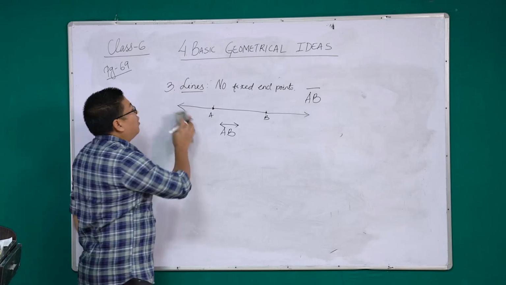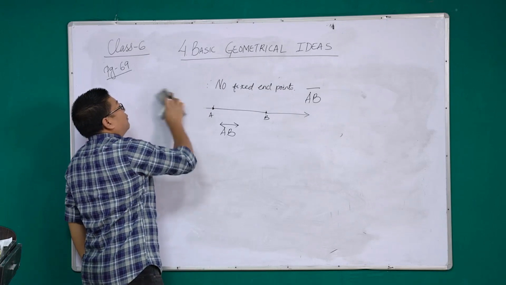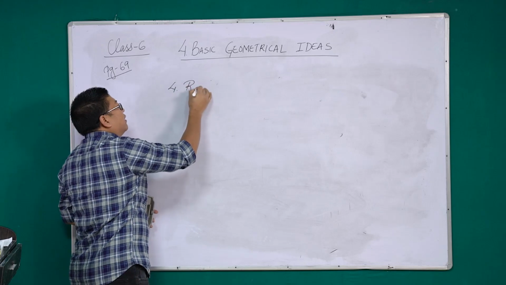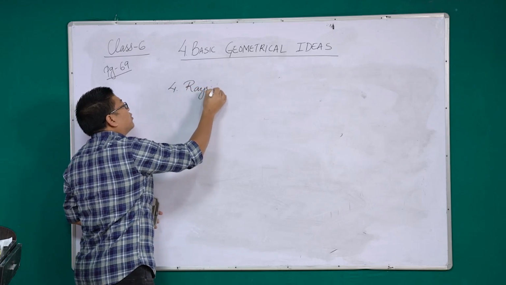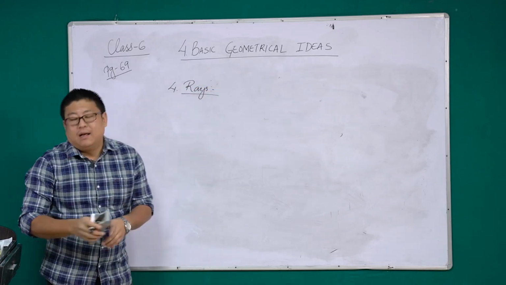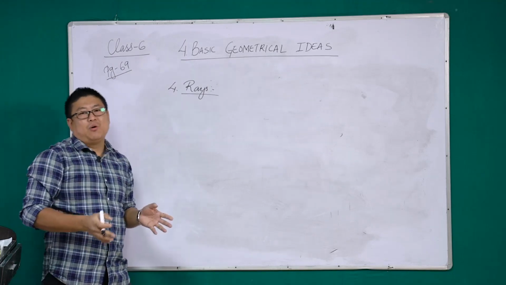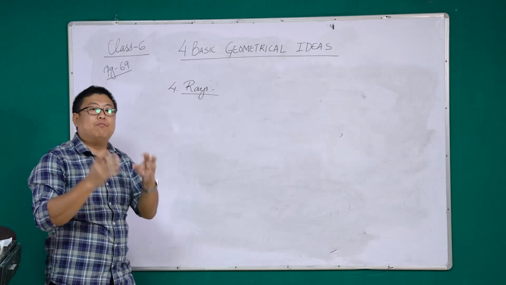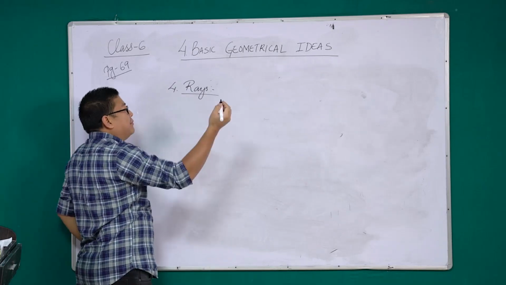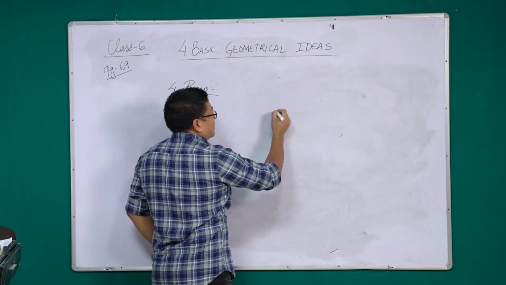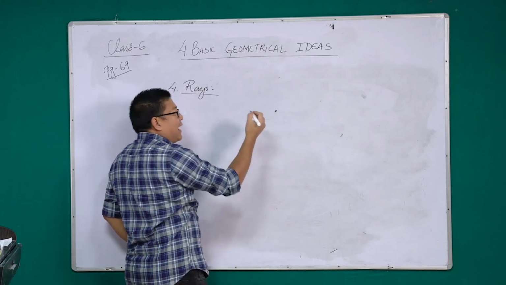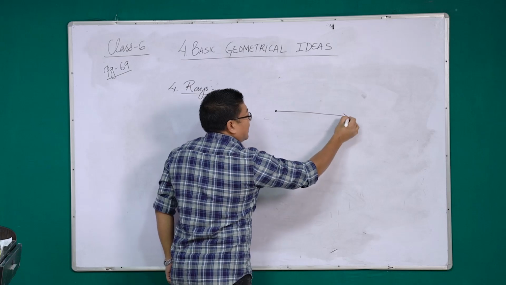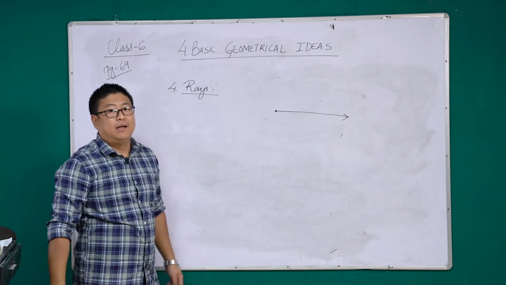Now let's move on to the next topic, which is called rays. We have learned about line segments and lines. Now a ray is a combination of both of them. A ray has an endpoint on one side and is endless on the other side.